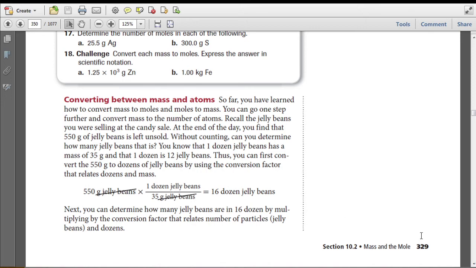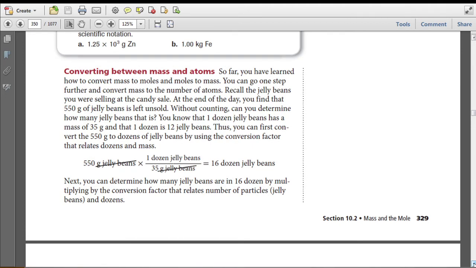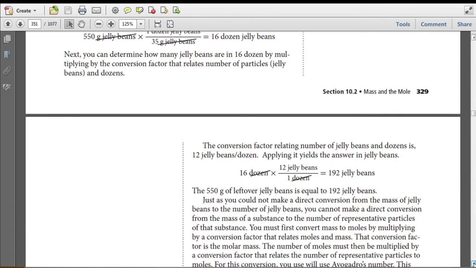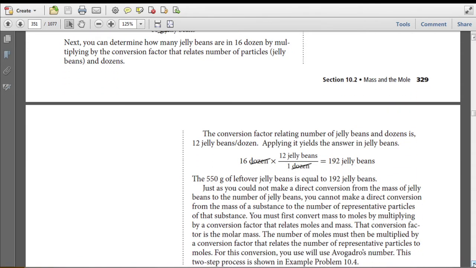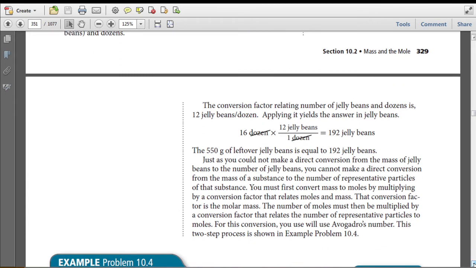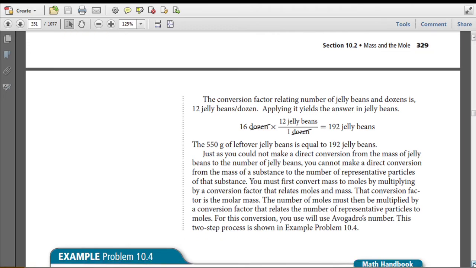Next, you can determine how many jelly beans are in 16 dozen by multiplying by the conversion factor that relates the number of particles, which are jelly beans, and dozens. The conversion factor relating number of jelly beans and dozens is 12 jelly beans per dozen. Applying it yields the answer in jelly beans. The 550 grams of leftover jelly beans is equal to 192 jelly beans.